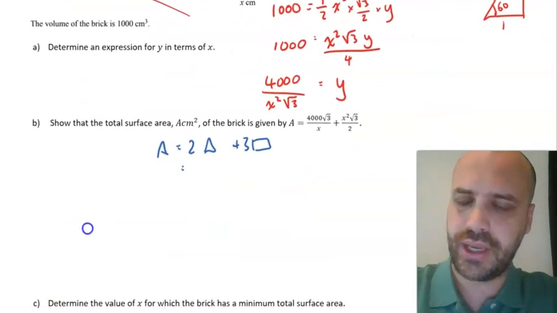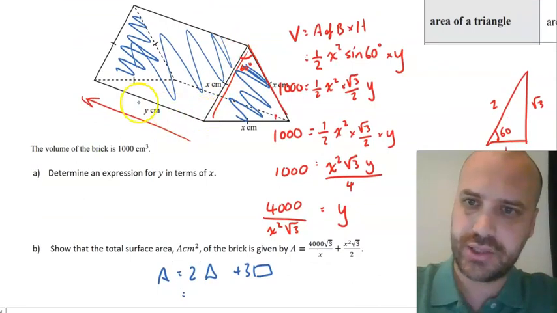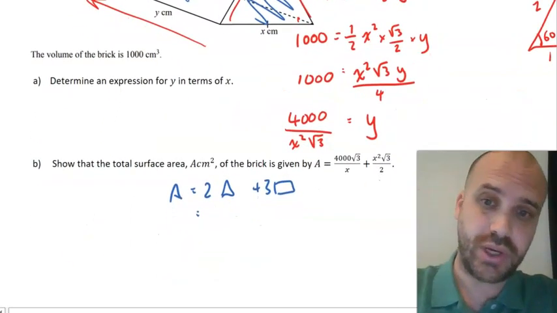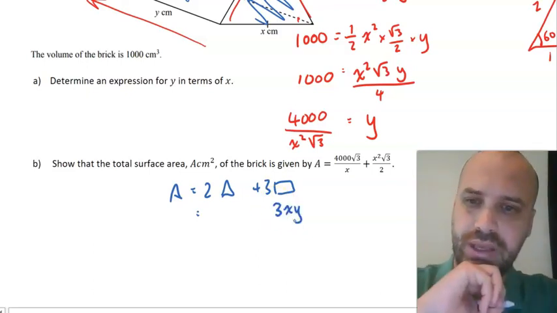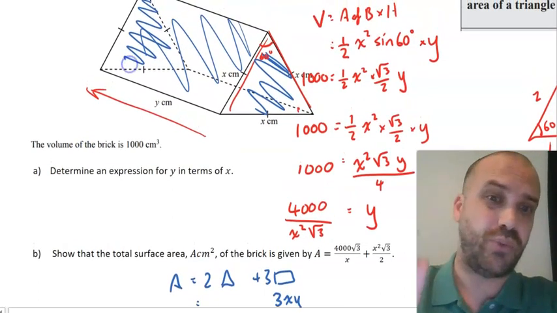All right. Now, the 3 rectangles are the easiest ones, x times y. So the area of one rectangle is x times y, so the area of 3 rectangles is 3xy. And the triangles, well, we already found the area of one triangle.